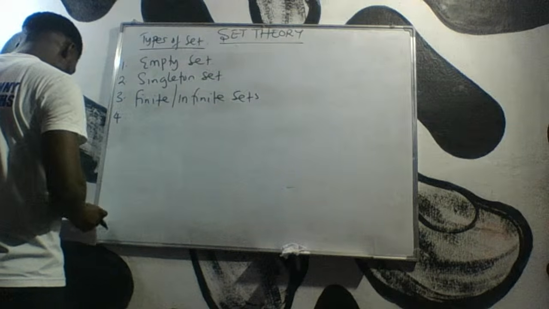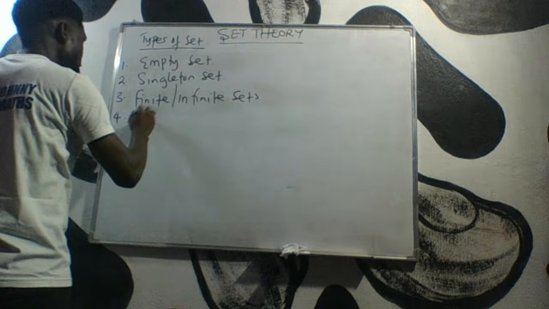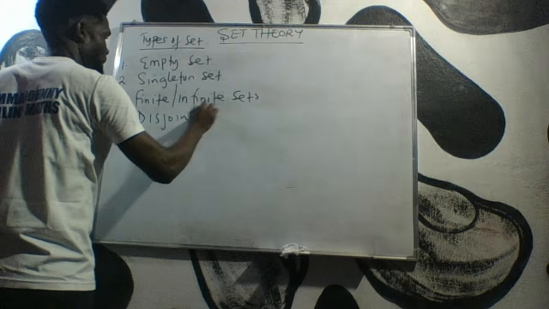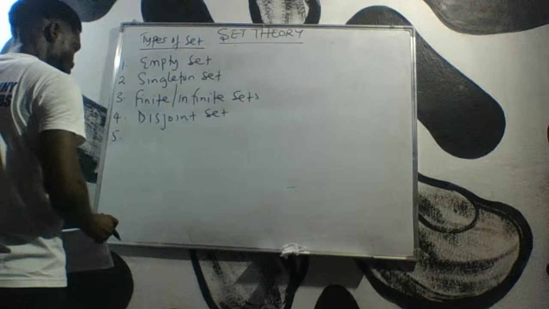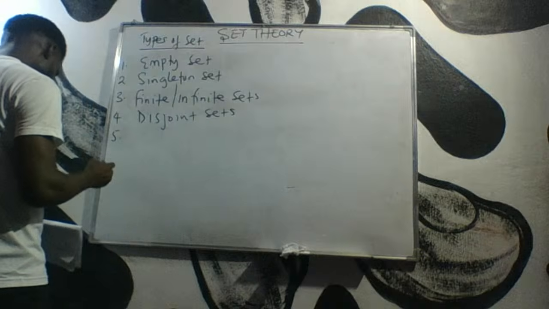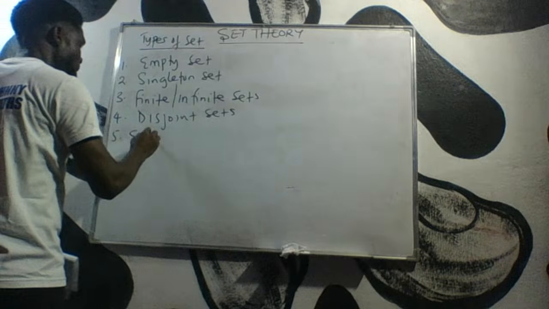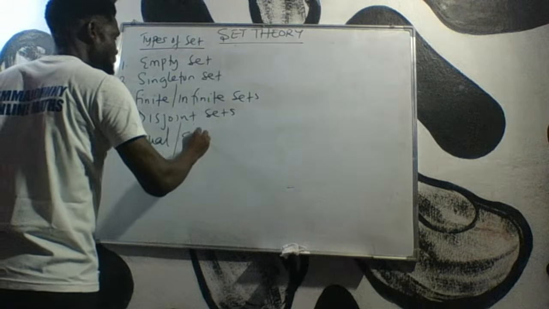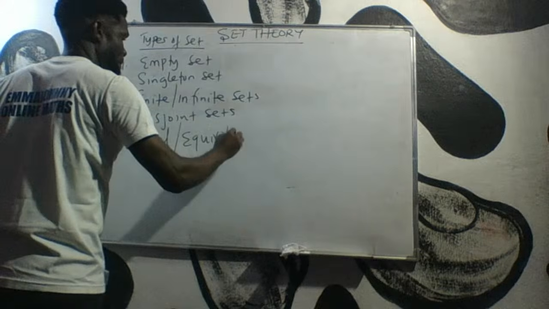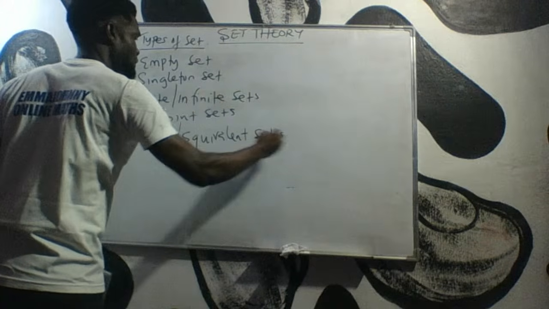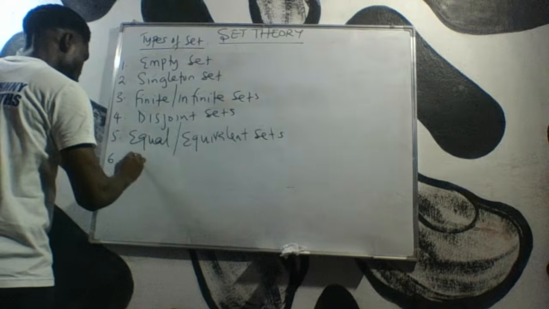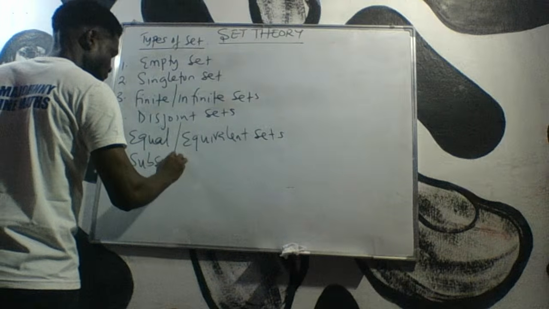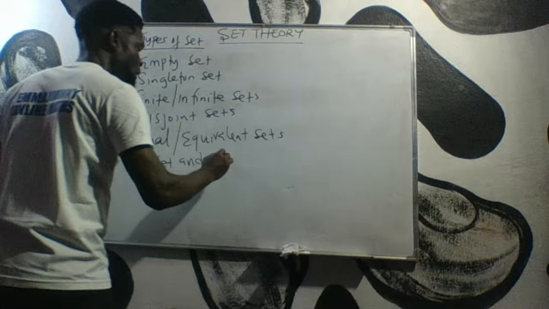Number four, we have disjoint sets. Number five, we have equal and equivalent sets. Number six, we have subsets and supersets.